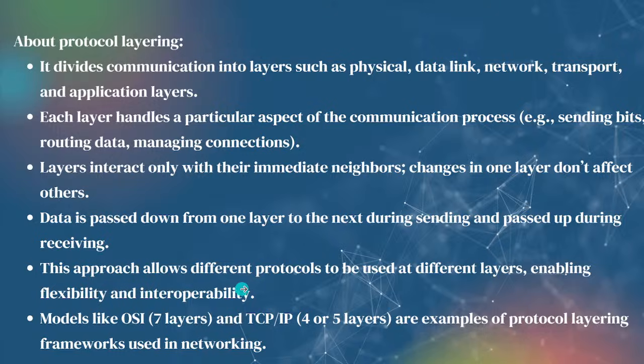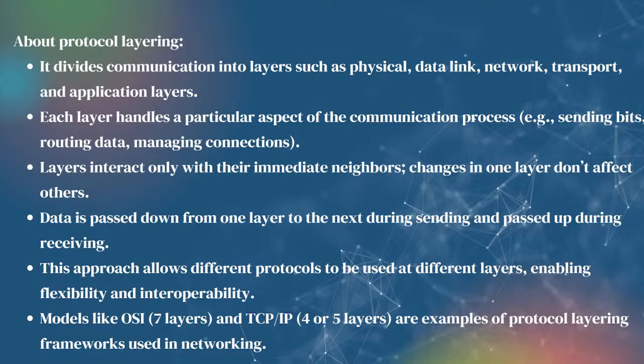This approach allows different protocols to be used at different layers, enabling flexibility and interoperability. So data moves from up to down or down to up, which is very important when it comes to interacting with different layers, and to flexibility and interoperability.